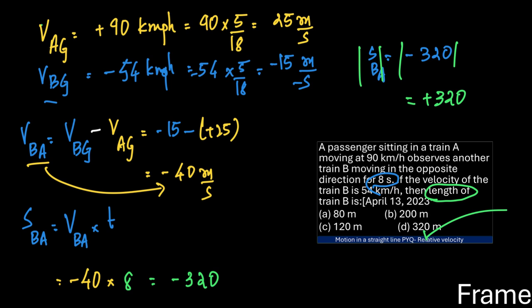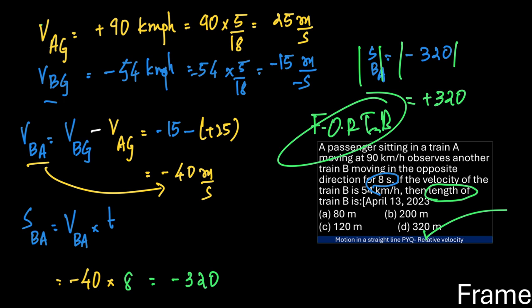Now we'll do the same question using the frame of reference as train B. Before you go into that, for the next solution, I would personally suggest that if you have written down all of this, which I assume you have done, make sure that you do not wait for the next solution. Try to do the complete solution with respect to train B as a frame of reference.